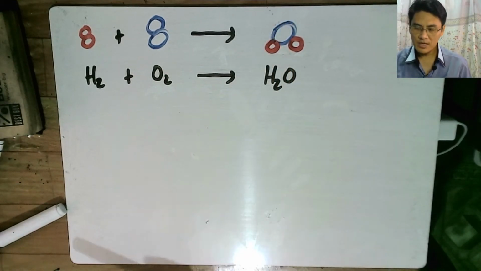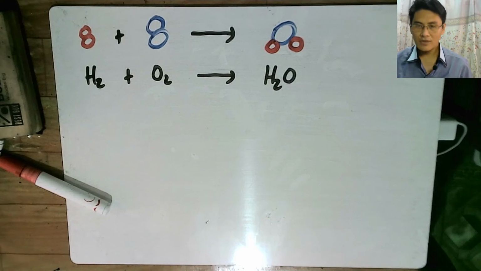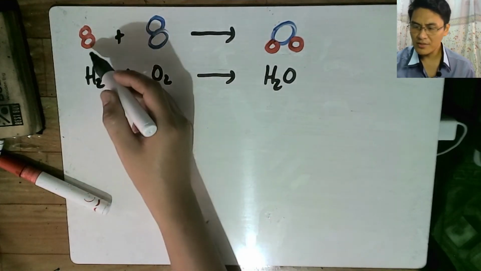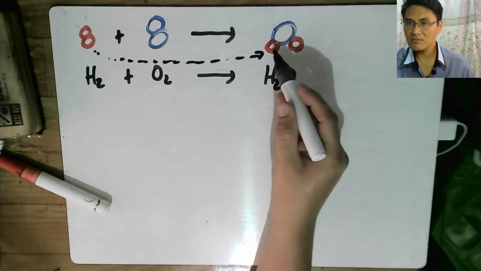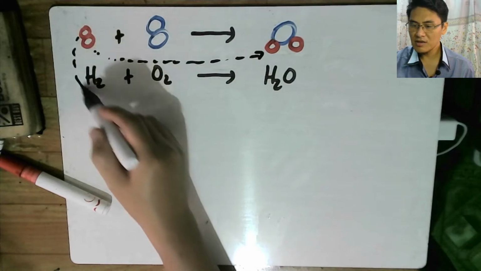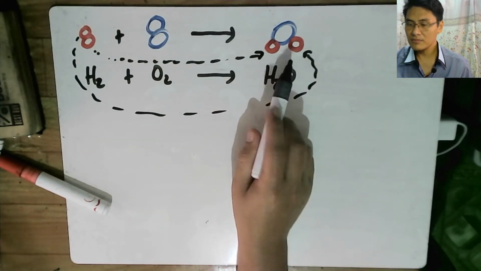So if we think about the definition of a chemical equation, which is a rearrangement of the atoms, then we could say, well, let's track where the atoms are. Well, this atom probably is the one that became this atom. And then this atom here is probably the one that became that atom.